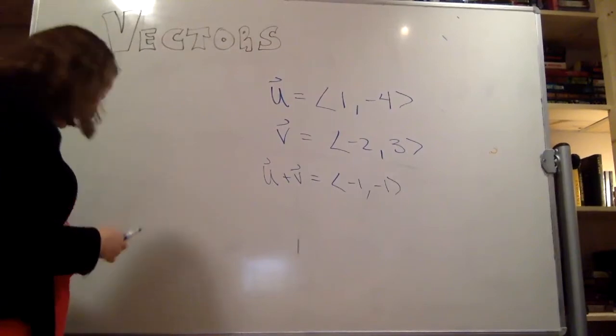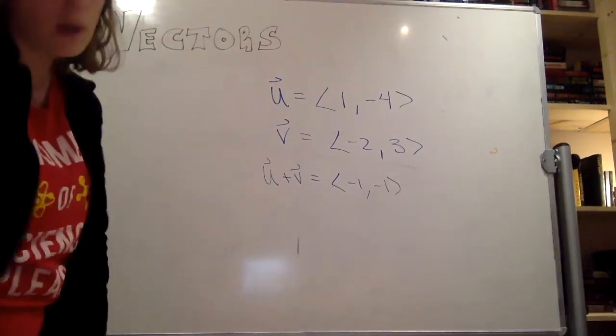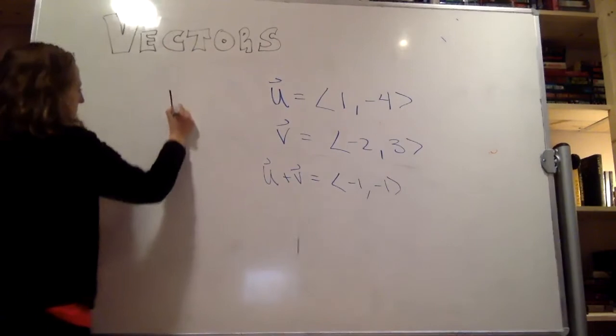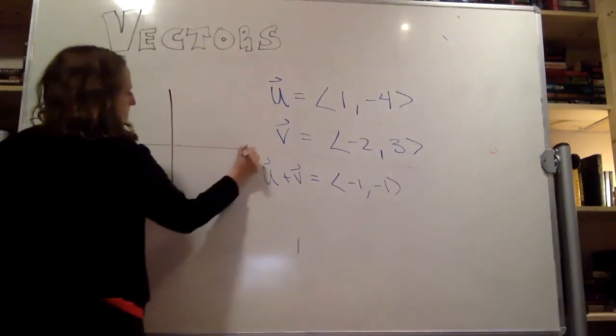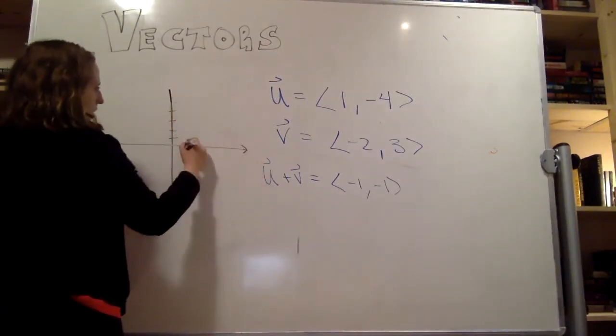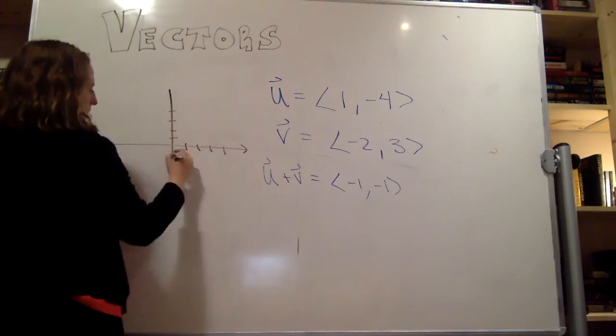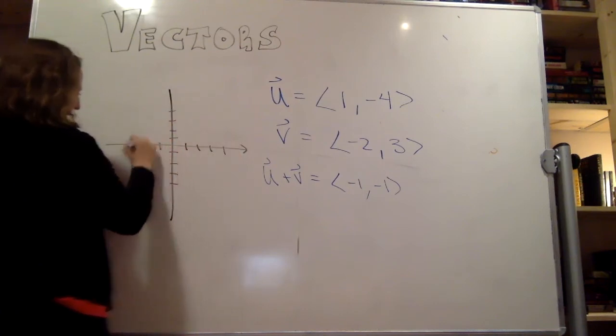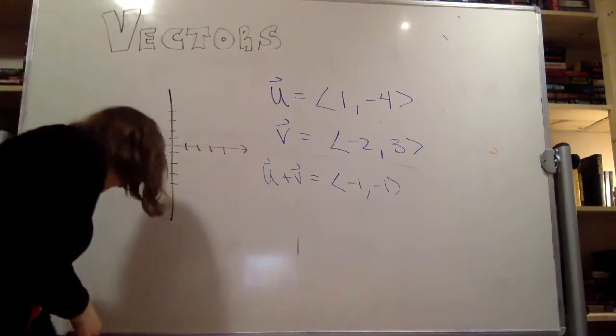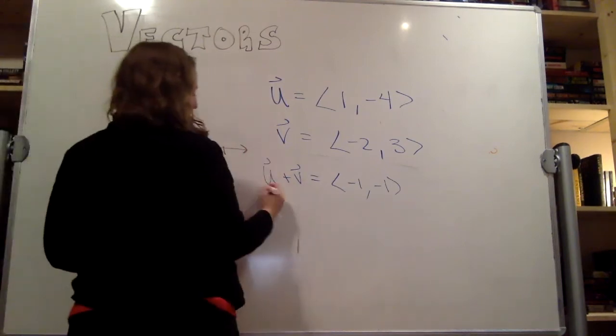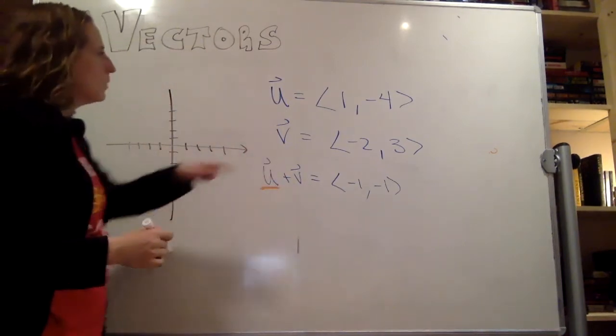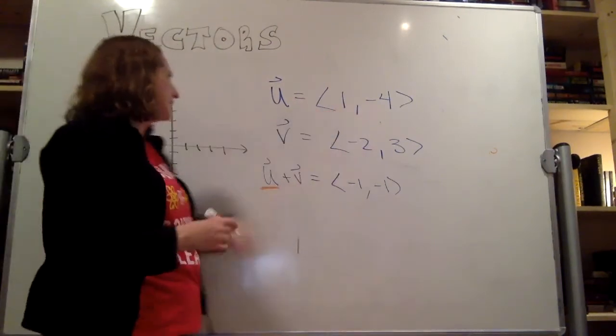Now, let's see if we can sketch a picture to show why this is. Okay, so if we're doing u plus v, that means we're starting with u. Well, u is the vector 1, -4.